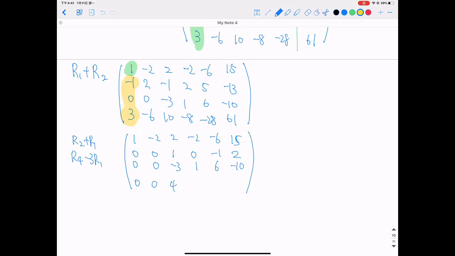Minus 8 minus negative 6, so minus 8 plus 6, minus 2. 3 copies of minus 6, minus 18. So that's minus 10. 61 minus 45, that's 16. Yes. All right. So now the first row is done.